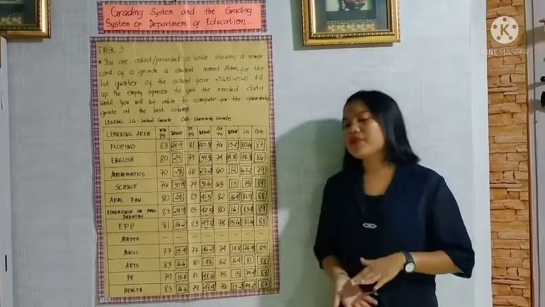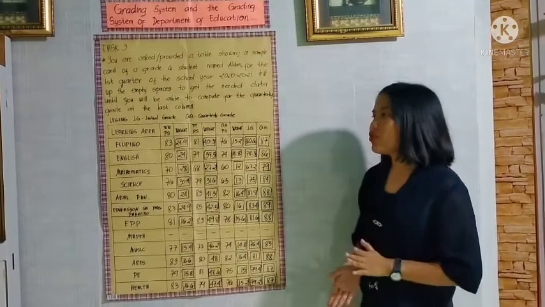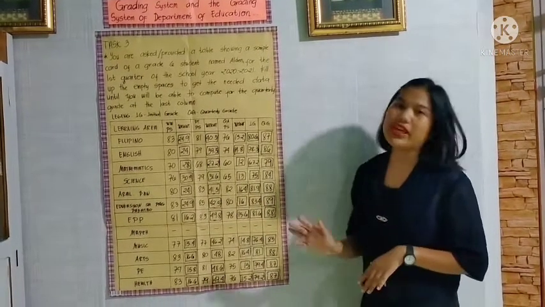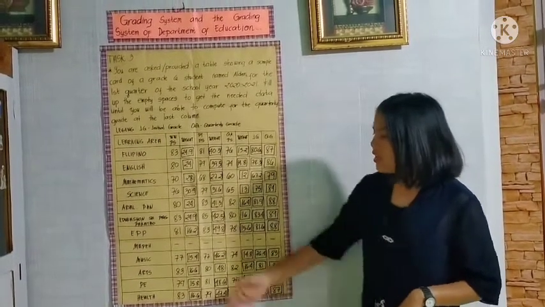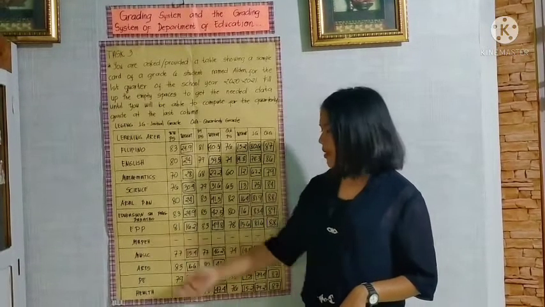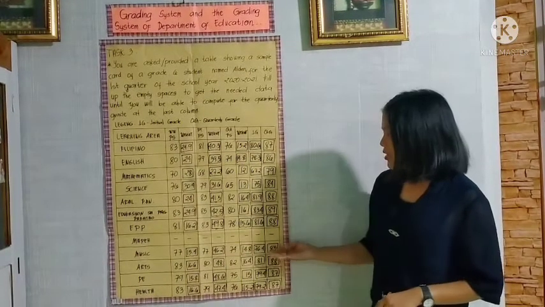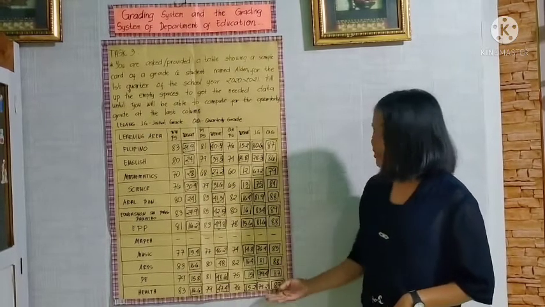So the composite grade of Alden in MAPEH is 86.6. So where did we get the 86.6? We have to add the 4 core areas in MAPEH, and we have Music 85, Arts 88, PE 87, and Health 87.